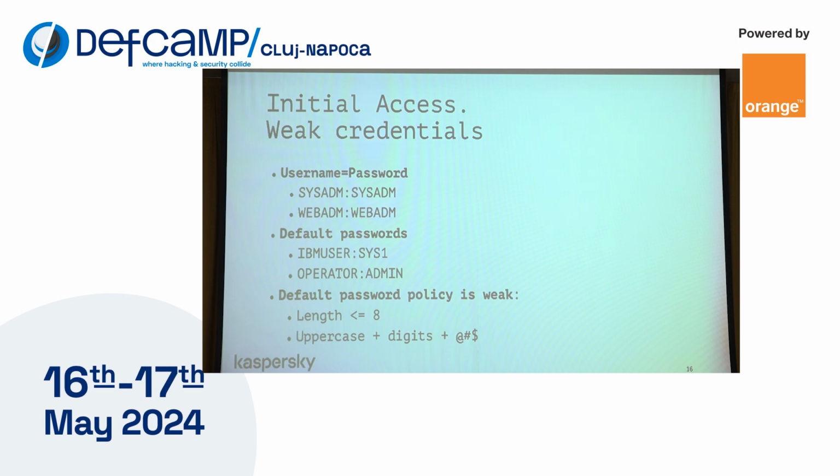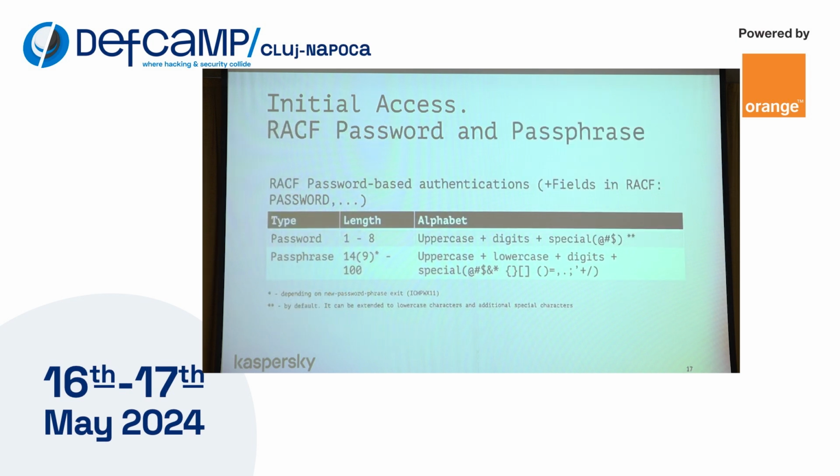Also, you may face chains with the default password of a standard user. It is not rare, and I think the main reason for such mistakes is a weak default password policy. RACF supports two password-based authentication methods.